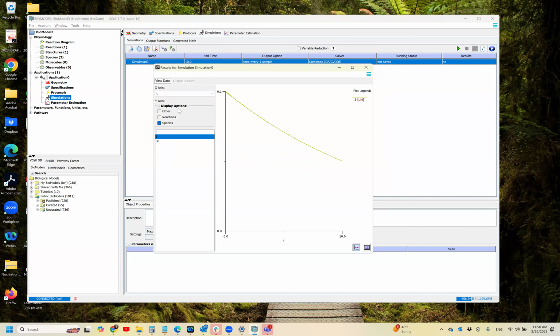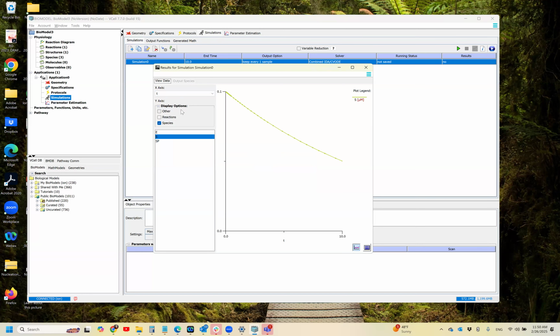So now let's assume this is happening in a small volume where the number of molecules may not be that large.